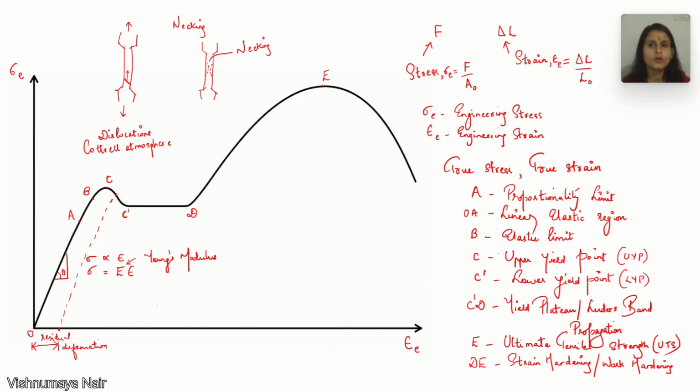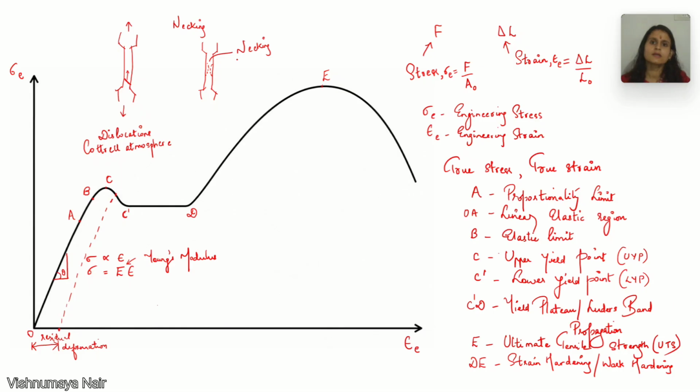This leads to increase in the local stress again, and this process continues. So the plastic deformation becomes more and more concentrated over this region, leading to the formation of neck. As the process continues, a crack eventually develops, and this leads to the fracture of the specimen.